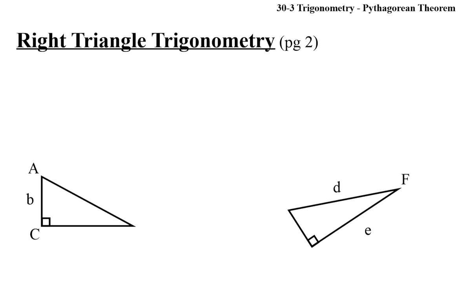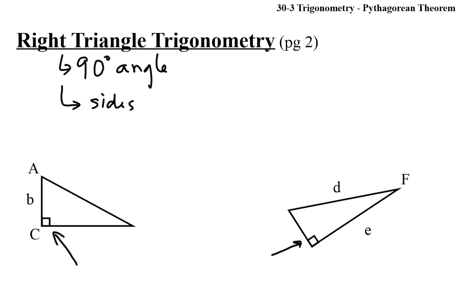Big thing with right triangle geometry is the fact that you have to have a 90-degree angle, which is shown with the little squares in the corner. That way we know it's 90 degrees. It's a right triangle. The other thing that's important with right triangle geometry is the labeling.